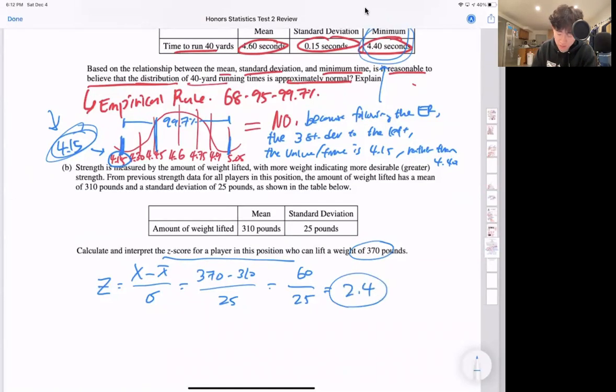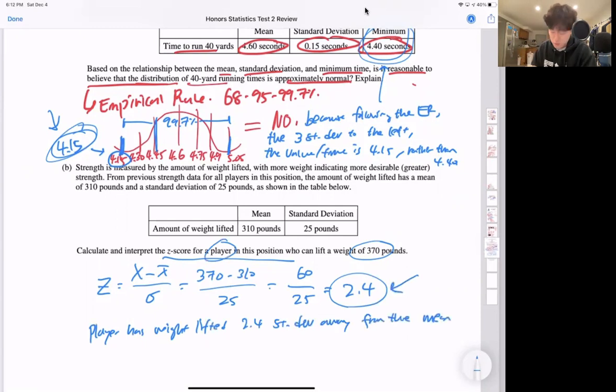So this means that this certain athlete or player has weight lifted 2.4 standard deviations away from the mean. Remember, that's what this z-score represents. It's the number of standard deviations that you are away from the mean.